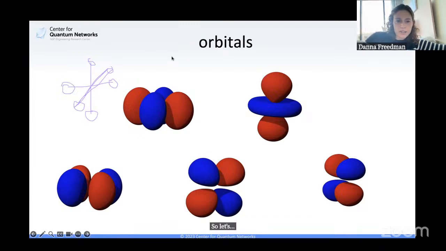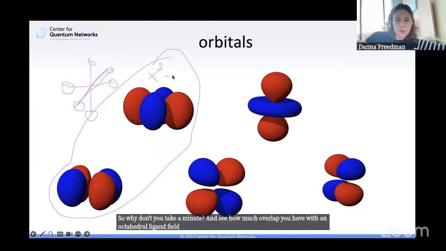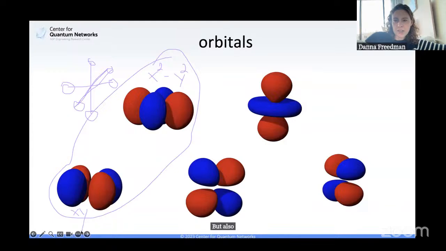So let's practice on these two orbitals right here. Why don't you take a minute and see how much overlap you have with an octahedral ligand field of the x squared minus y squared and the xy orbital. But also feel free to drop in the chat if this is something you've done a million times.